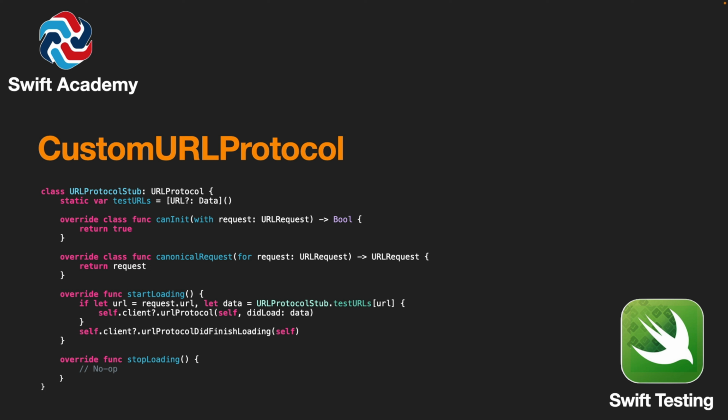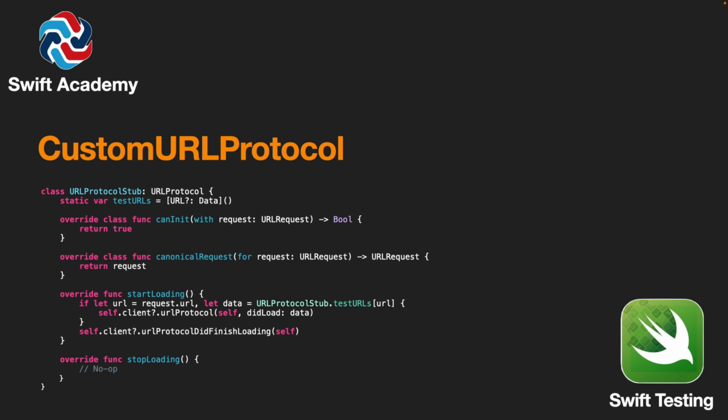There are two class functions and two instance functions that we can override. The canInit function is really amazing. This method should generally return true if this protocol should handle the request, and false otherwise.